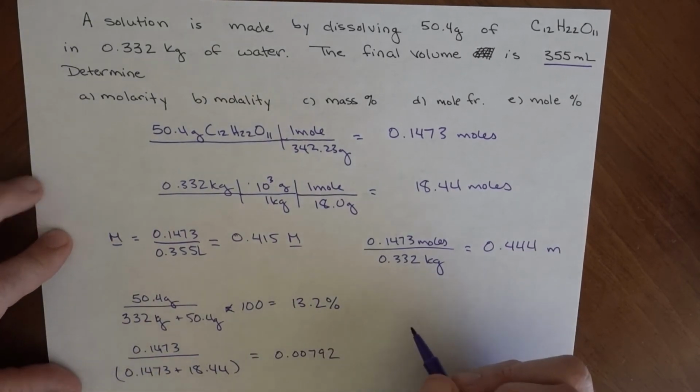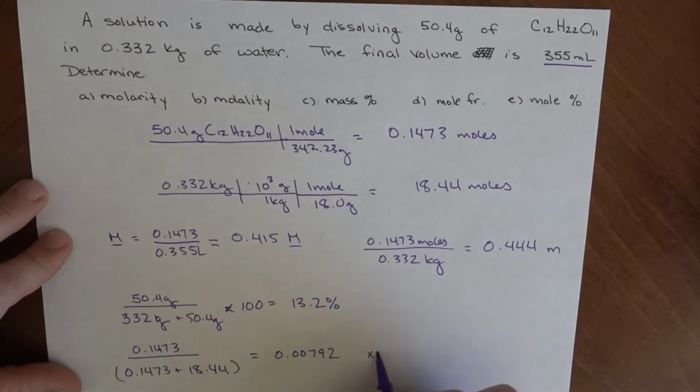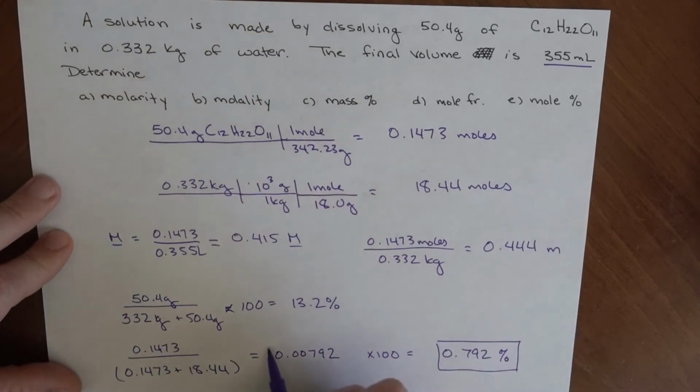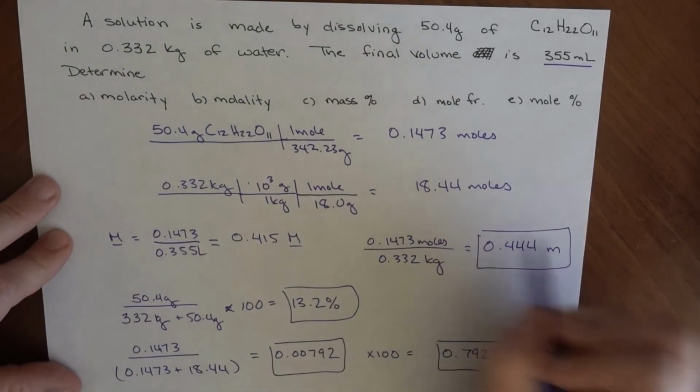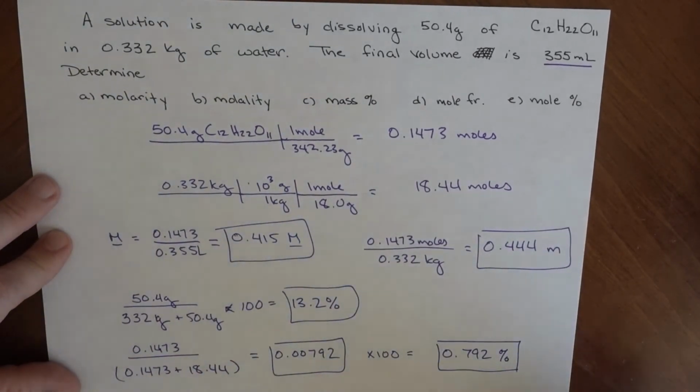And then if I want this in percentage, my mole percent, it's really just that number times 100, so 0.792%. And I'll just box all these so that they're easy to find. And those are the answers that we come to.